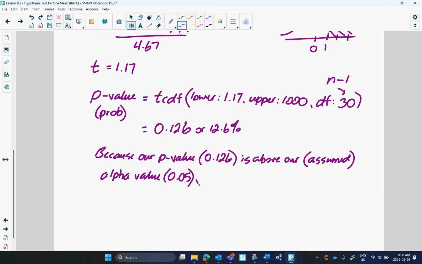That means that we fail to reject H0 because it's not unusual. So we fail to reject H0.